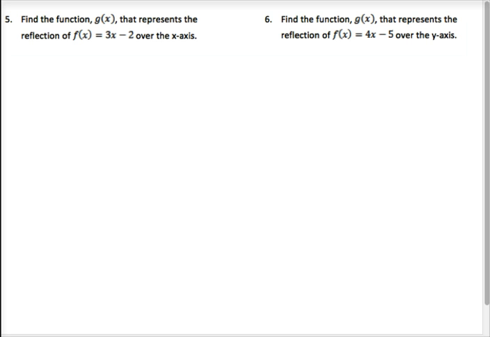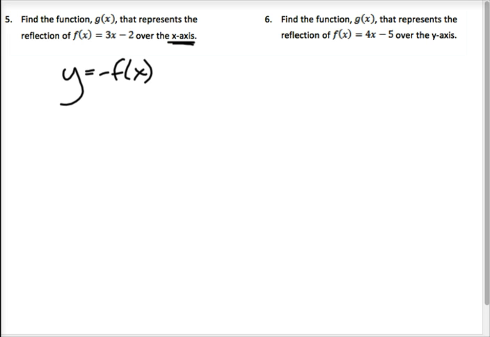So for the first one, find the function g of x that represents the reflection of f of x equals 3x minus 2 over the x-axis. So when you see an x-axis change, if you were to look in your book or in the notes packet that I gave you, what is referenced when it's talking about the x-axis, you'll see this little note here, y equals negative f of x.